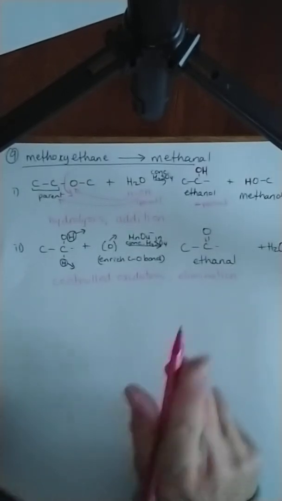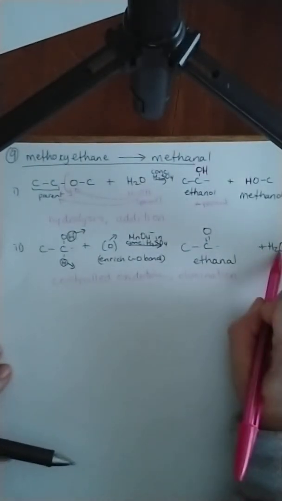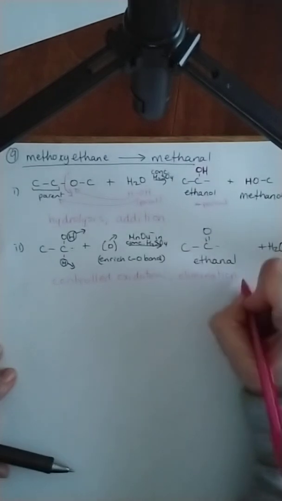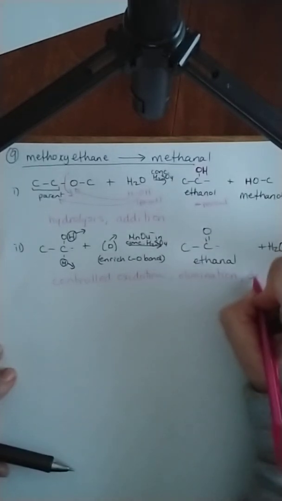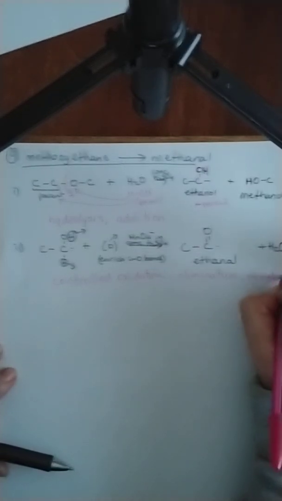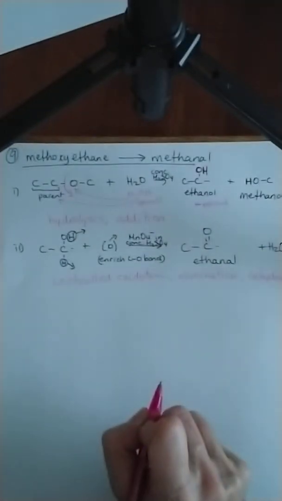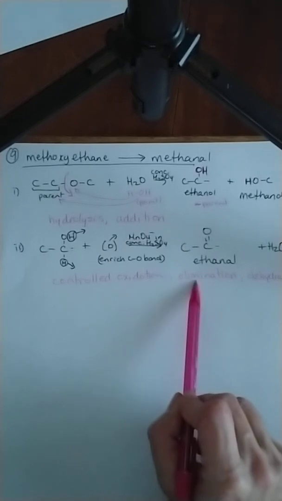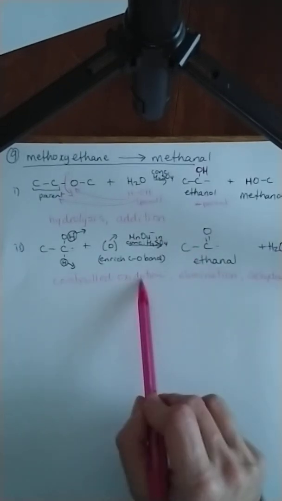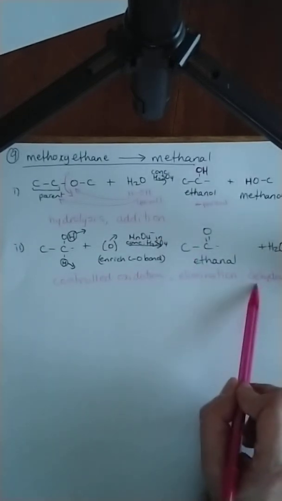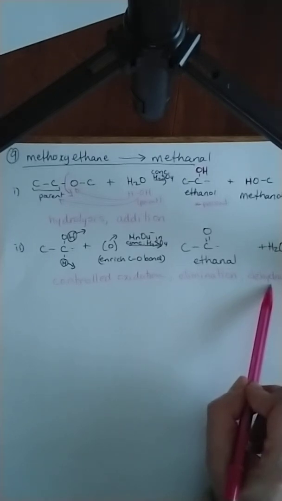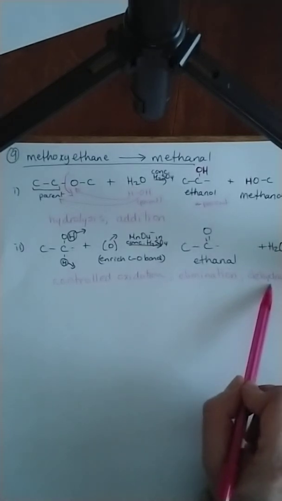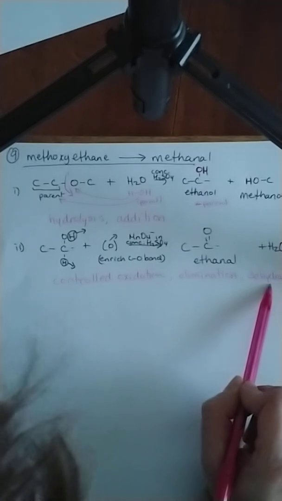And because it's water that we eliminated, this is also called a dehydration. So this is an example where there are 3 types of reactions. Elimination is one of the 3 starred ones, and then you have a controlled oxidation, but you also have a dehydration here because we produced water on the other side.